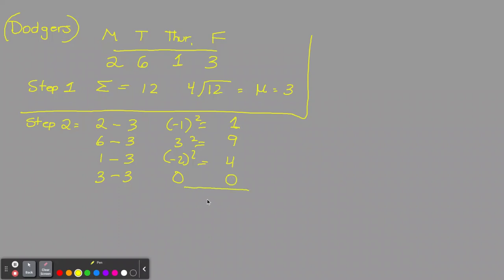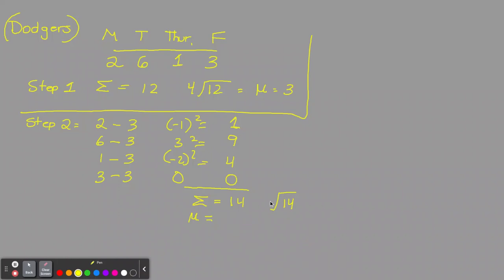So we want to get the sum of this. Remember that symbol? That's sigma. The sum of all that is 14. Then what do we do? We want to get the mean of this. All we have to do is divide 14 by how much? What do you think? How many numbers are we using?